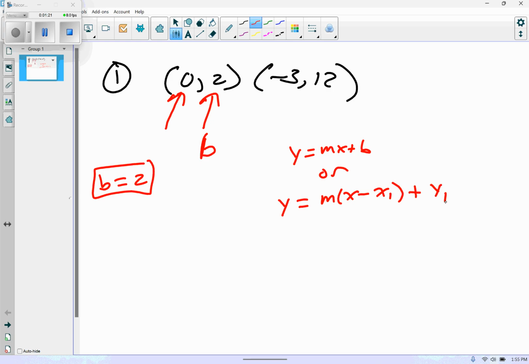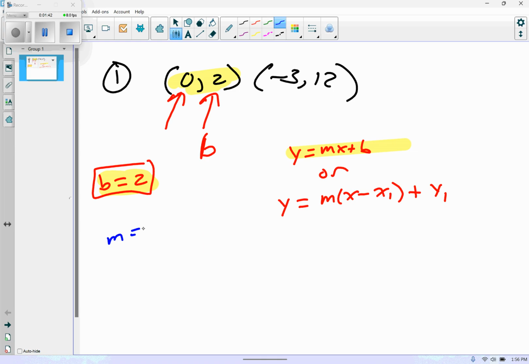Which one of those makes sense if I already know b? The first one, yeah. So I think this would be a good idea to use this one here because I know that b value. Agree? All right, so that means I have to somehow figure out the slope.